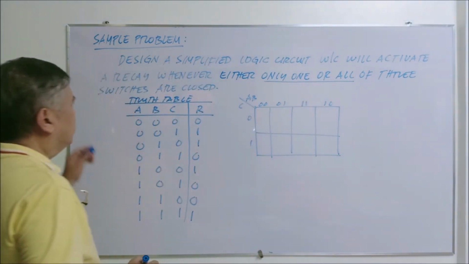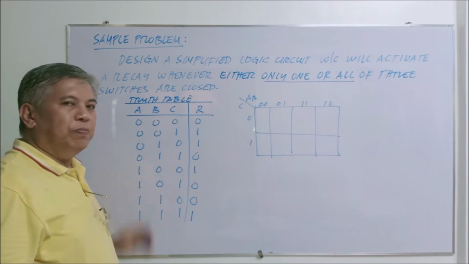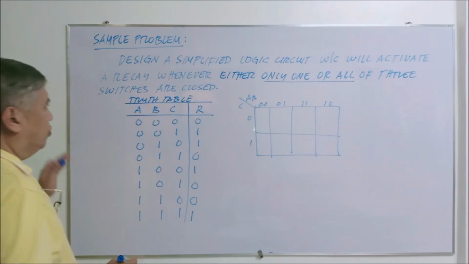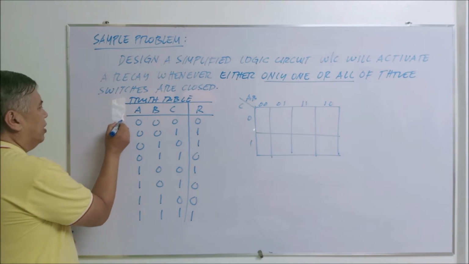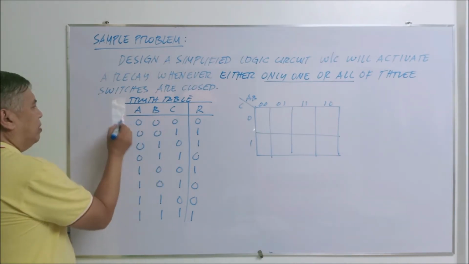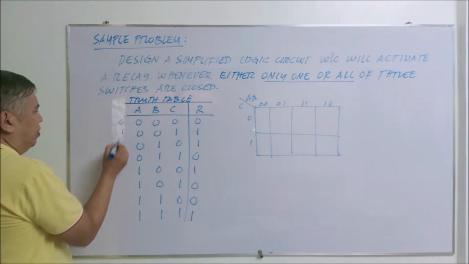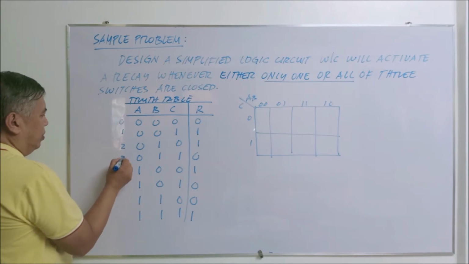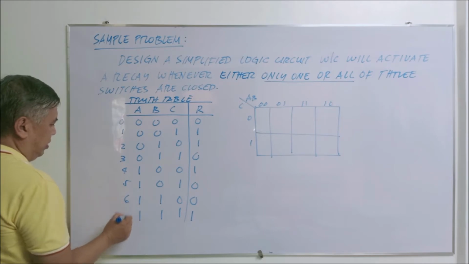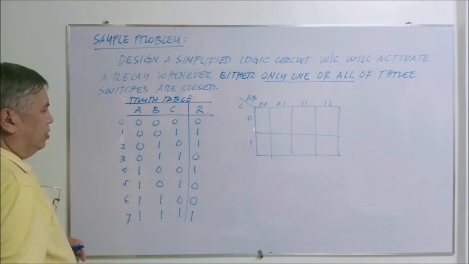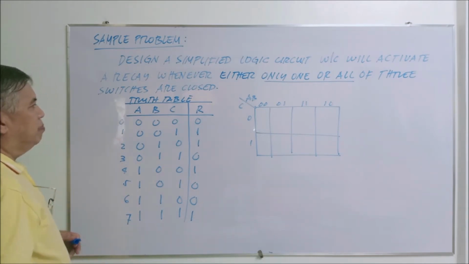Now, if we use the min term, what will be our min term equivalent here? We know that the decimal values of these combinational values are 0, 1, 2, 3, 4, 5, 6, and 7. So what will be our min term?